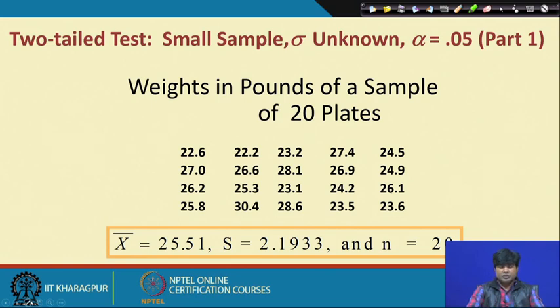In this case, since it is a small sample and sigma is unknown, the test statistic you choose to take the management decision is called the t statistic.